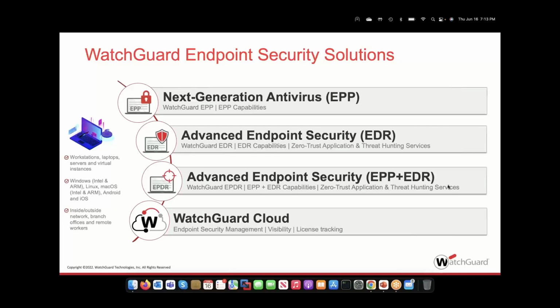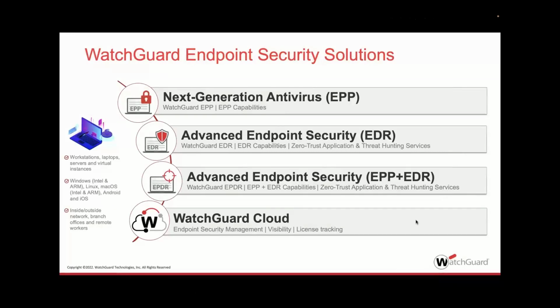So since last month we have an iOS product, an iOS protection as well. Inside and outside of the network, obviously branch offices, remote workers, because it's all cloud-based. All components are cloud-based, except obviously for the agent, the sensor that we deploy to each endpoint.